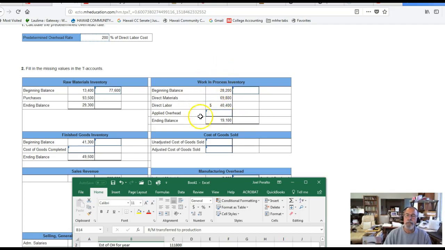So just as we do it for those types of ledger accounts, we also use a subsidiary system for work in process inventory for manufacturing.